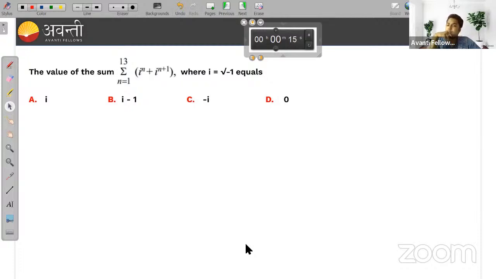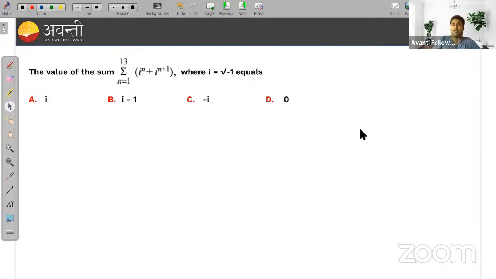Anyone got the answer? Please respond in the chat box. Okay, so your time has ended. Let's see the solution for this question. It's a very easy question.